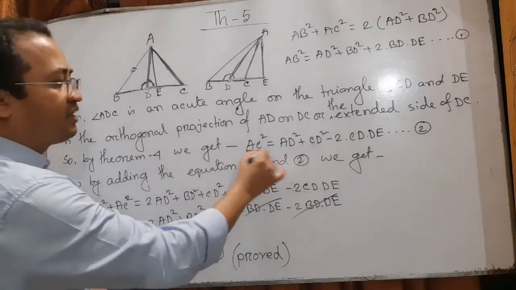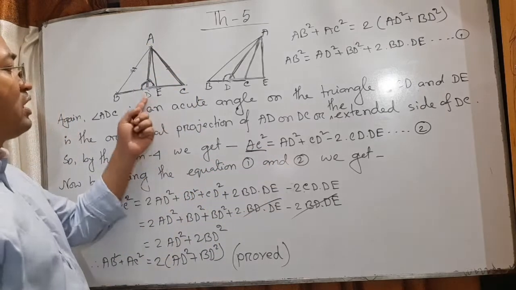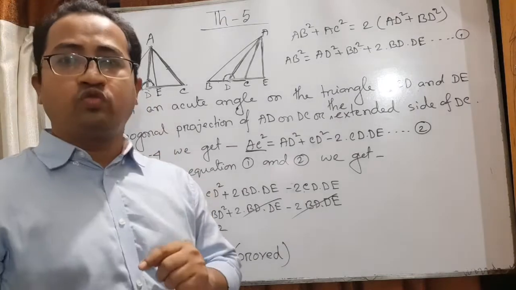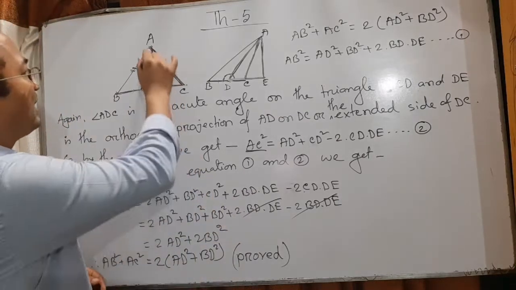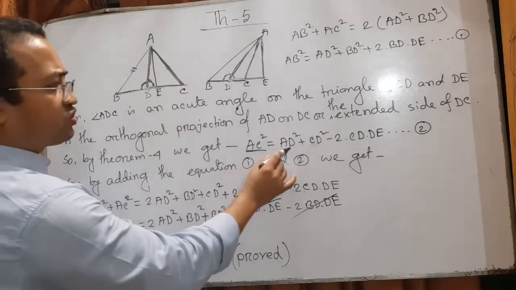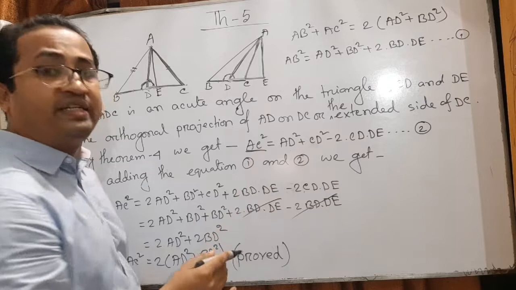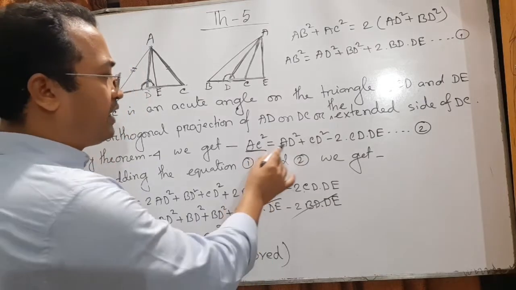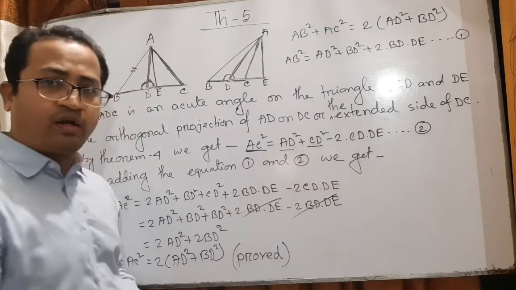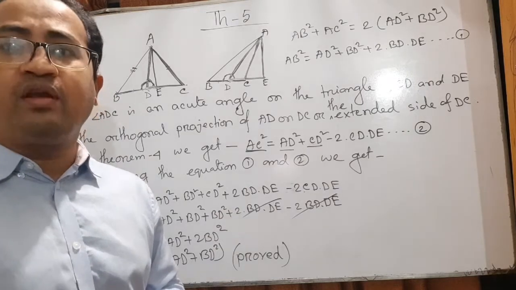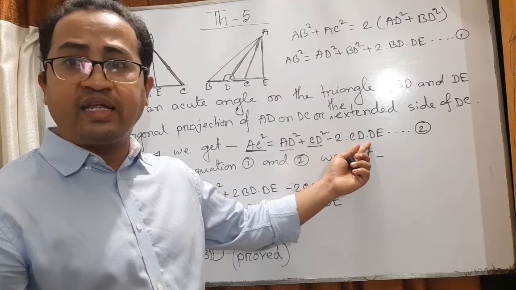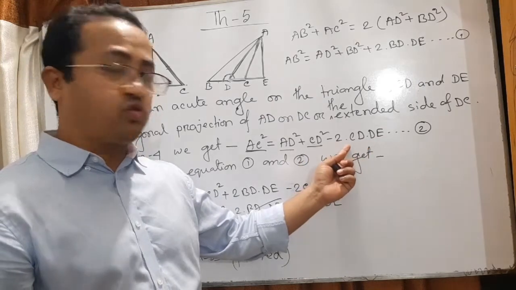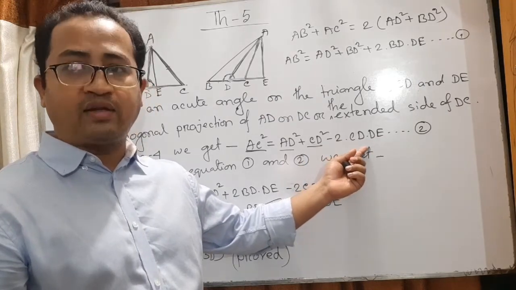AC square is equal to the other two sides, AD and DC, so AD square plus CD square, diminished, that is subtracted, by twice the area of the rectangle.